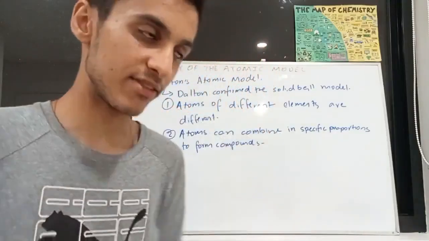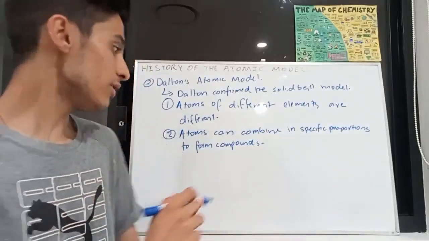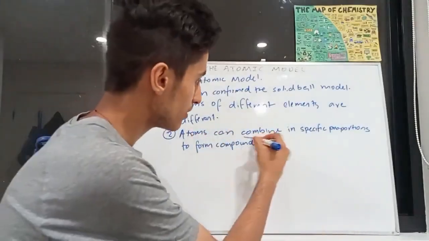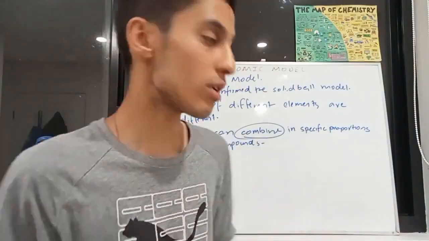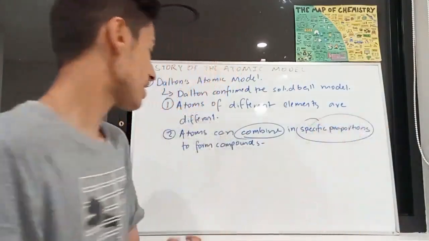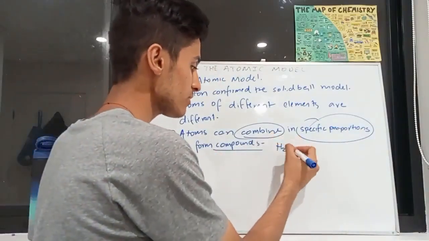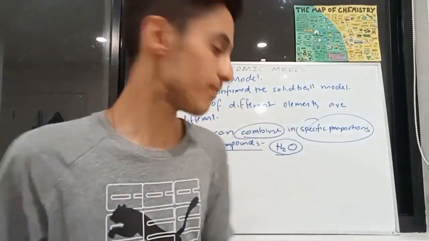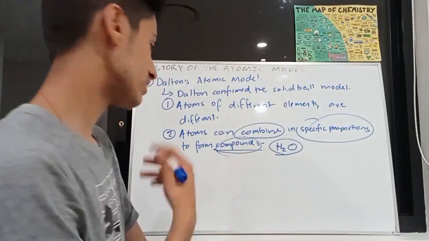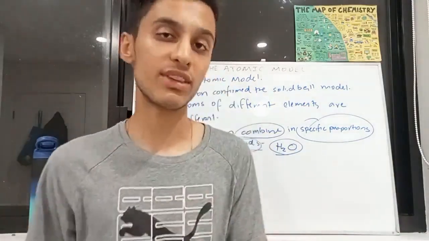That's a specific proportion where the ratio of hydrogen and oxygen atoms is 2 to 1. Let's say I combine them in a specific proportion, 2 hydrogen for 1 oxygen, and that forms a compound. So 2 hydrogen, 1 oxygen, H2O. That's a compound, that's a molecule, which is an example of Dalton's second key point that he raised.